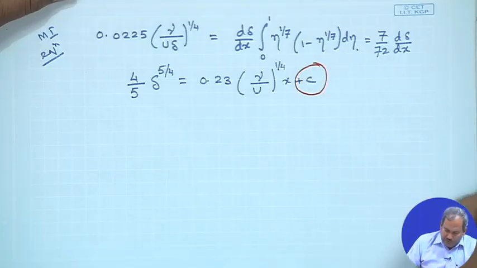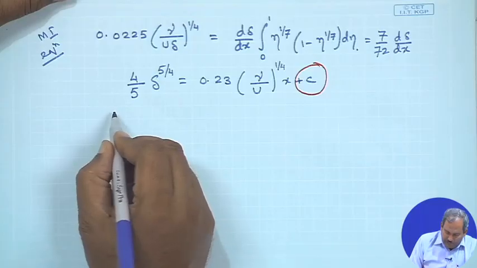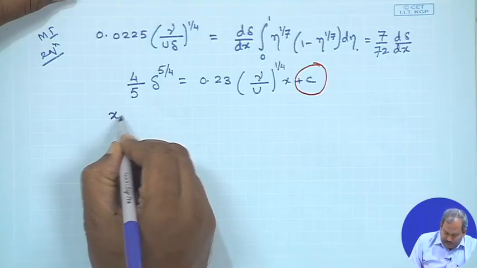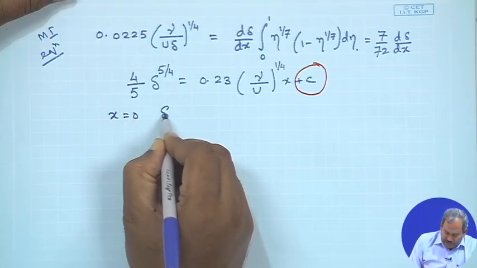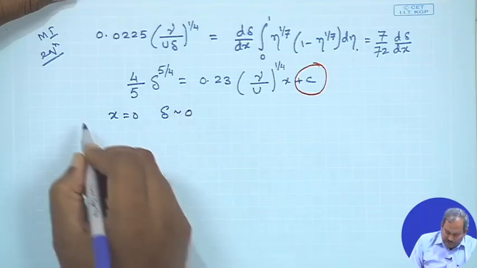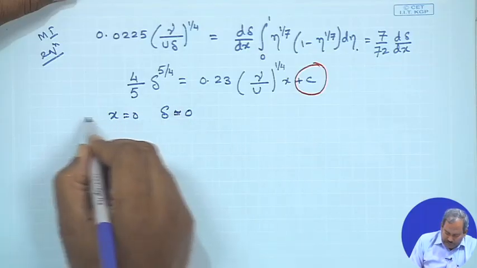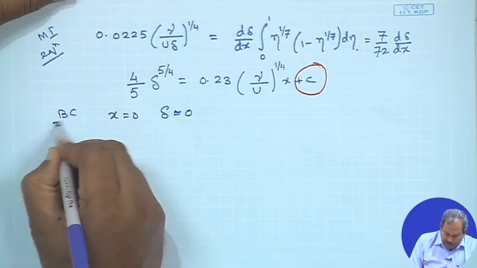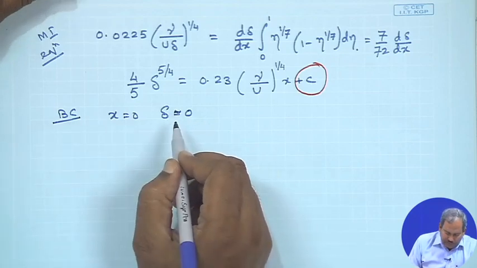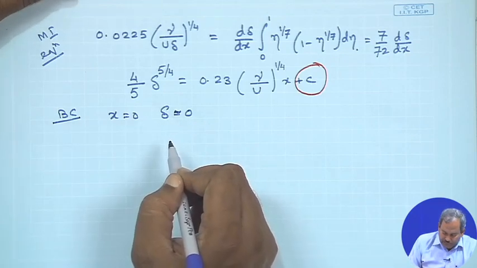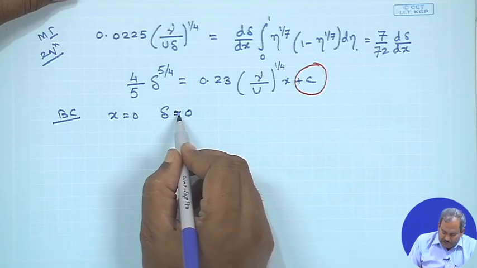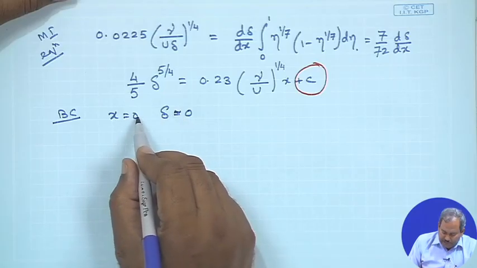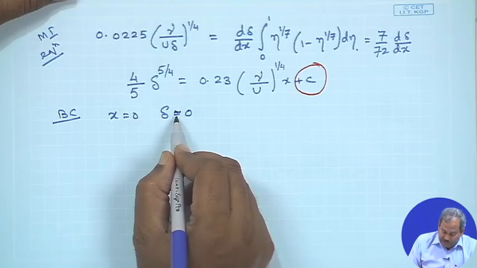Remember previously what we have done for the case of laminar flow is that at x equals 0, delta is equal to 0. This is the boundary condition that we have used for the case of laminar flow. But are we justified in saying that at x equal to 0, delta is equal to 0?